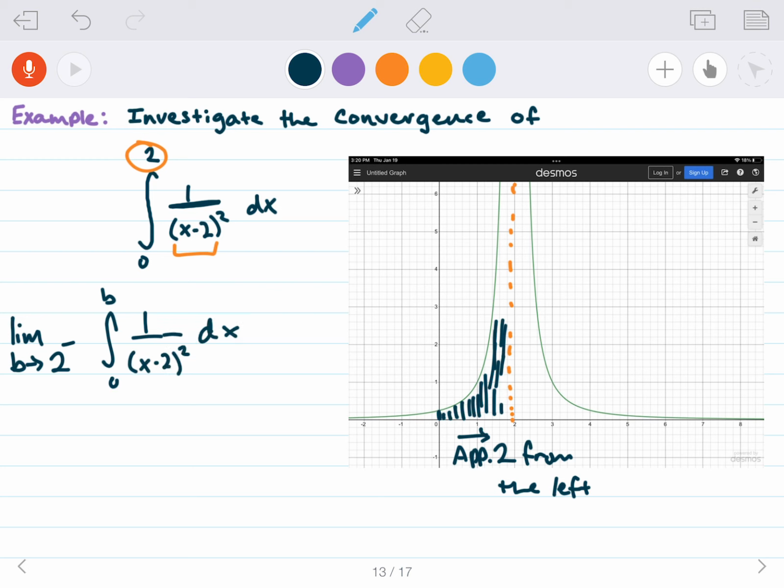Now I'm going to do a u substitution, and actually I'm going to call it a w substitution from now on, just in case we need to do an integration by parts within the substitution. So I am going to let w equal x minus 2. And therefore dw, if I take the derivative of x minus 2, I just get dx.